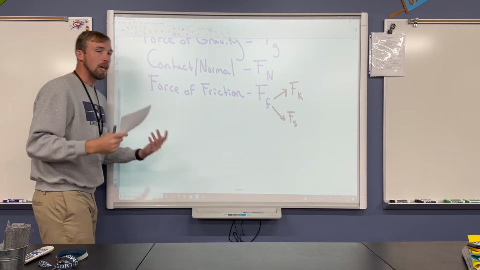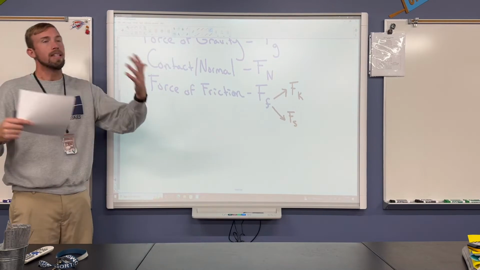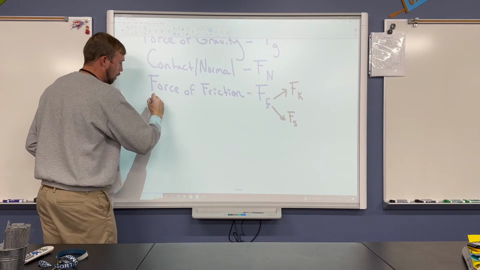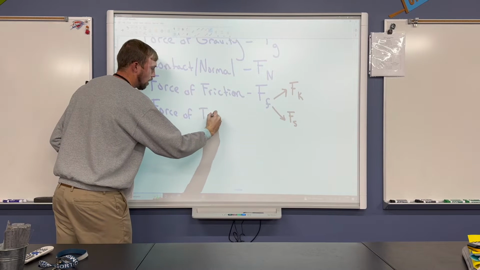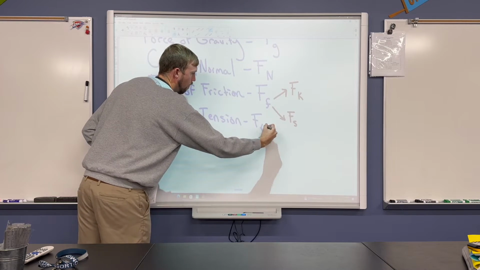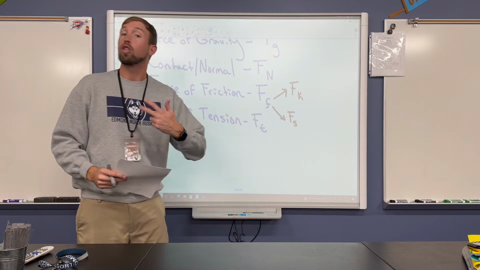Okay, some of the others. These might be a little bit more subtle, ones that you're like, oh yeah, I've heard of that, or that makes sense, but maybe not ones that would come to your mind immediately. Another one that we will see is what's called a force of tension. You think of tension, this is generally a force that we see with things like wires or ropes or strings, right?